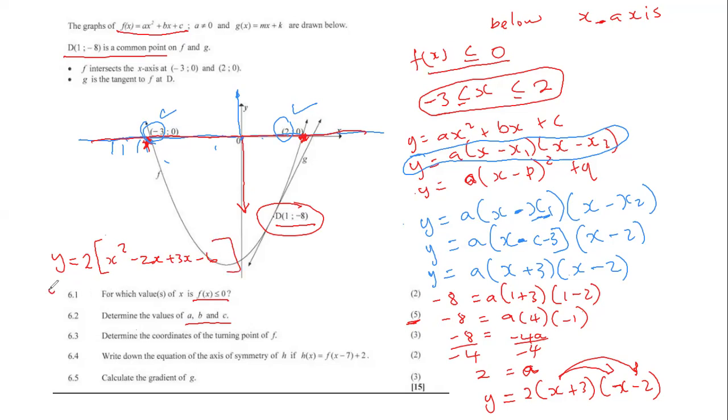Then I will have y equals 2 into x squared plus x minus 6. Then the final equation will be what? y equals, I'm multiplying in the 2 now. So it's going to be 2x squared plus 2x minus 12. So that's my equation.